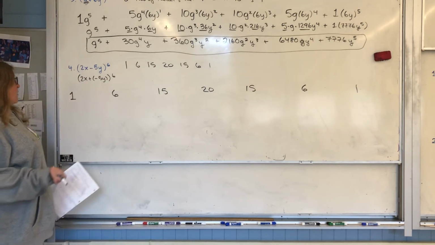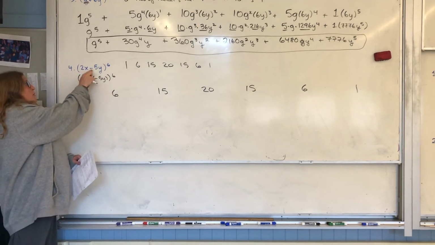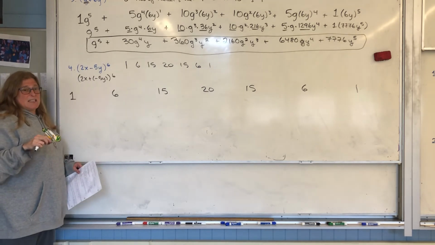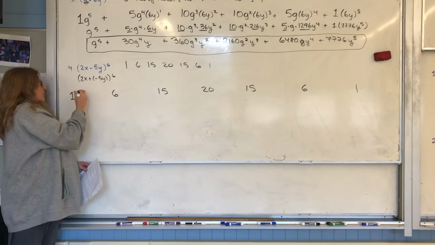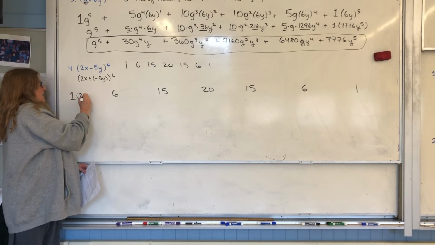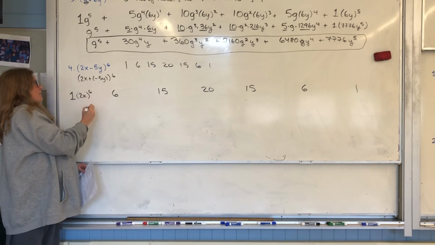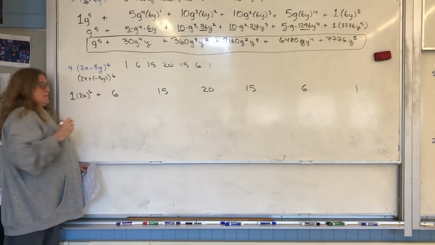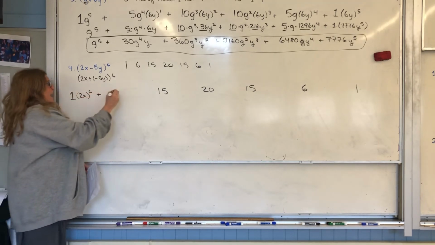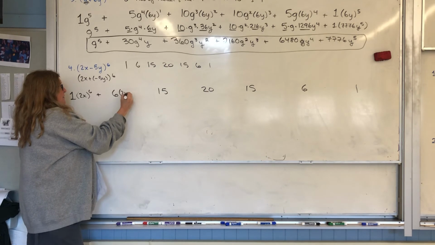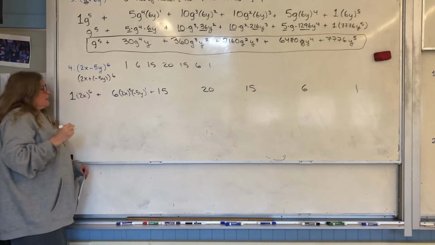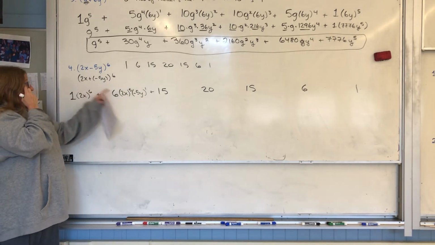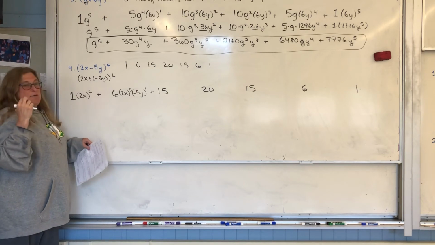So this one's definitely harder because these both have coefficients in front of them, the x and the y. We're going to start out with all of the exponents with the x and none of them with the y. Now I'm going to gradually take away. Notice that negative sign there, guys. It's a negative 5y that I'm putting into my formula.